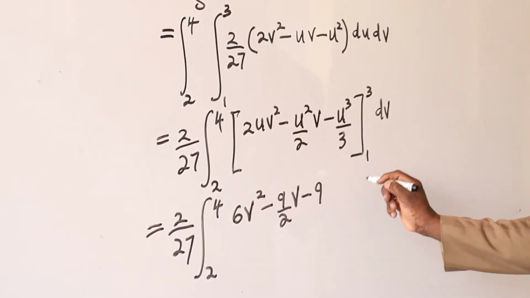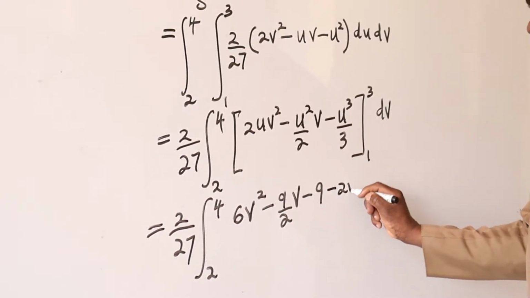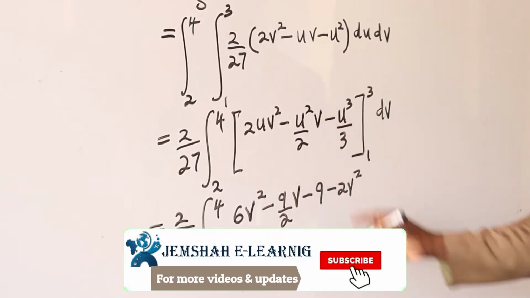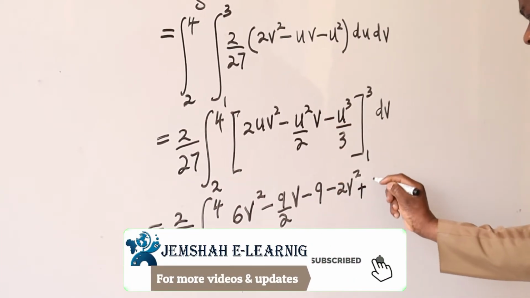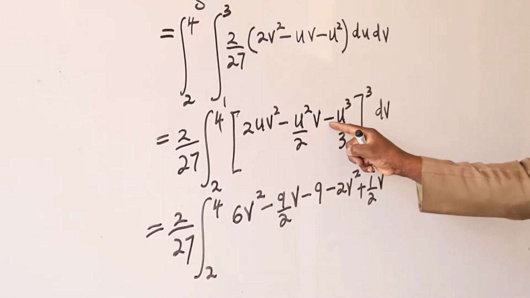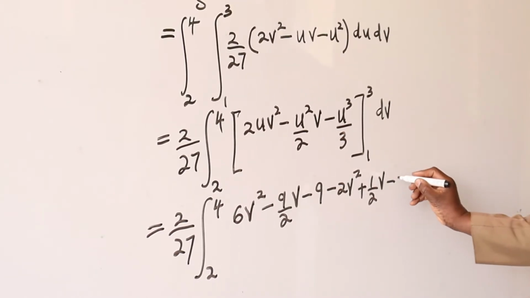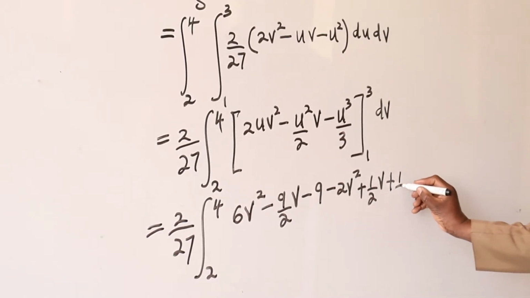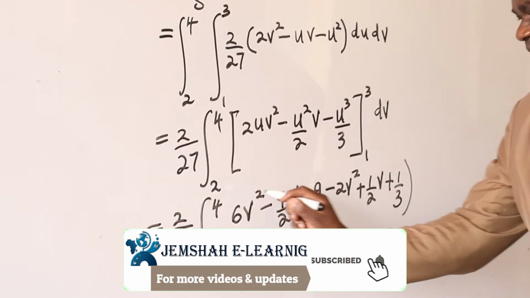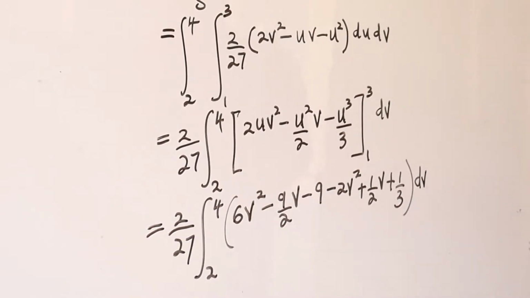Putting in the lower limit, it will be minus 2v squared, plus a half v, plus a third. The whole of this is integrated with respect to v.